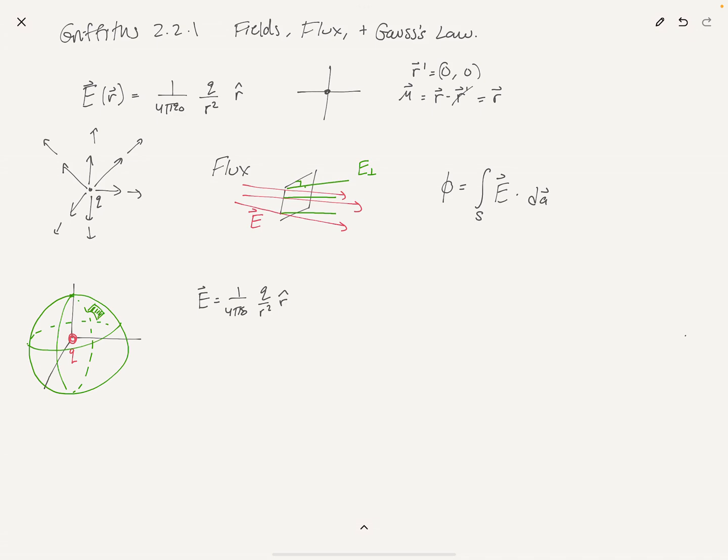Right. What is that? We have to figure out that is most easily represented in spherical coordinates. On the surface of my sphere, this is not super important, but let's say my sphere has a radius r.